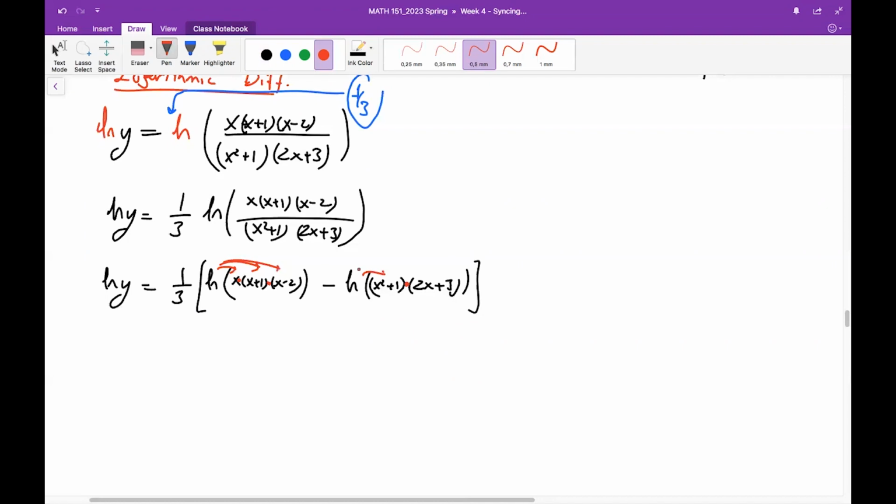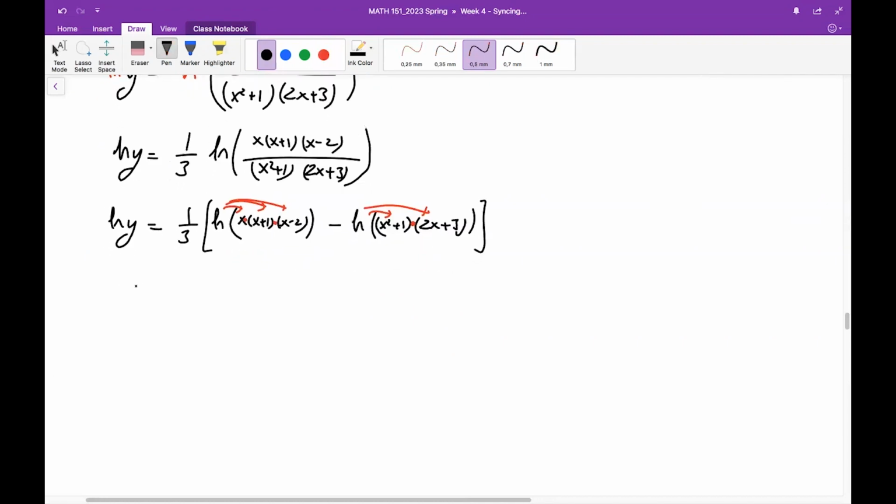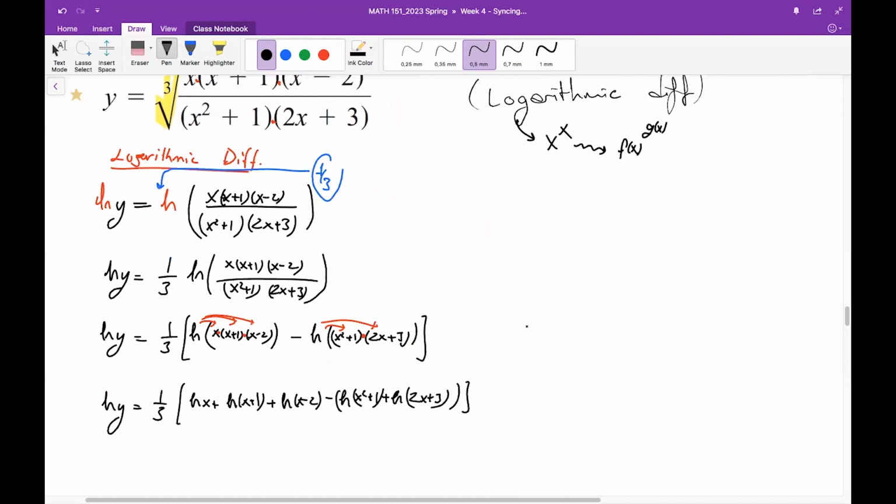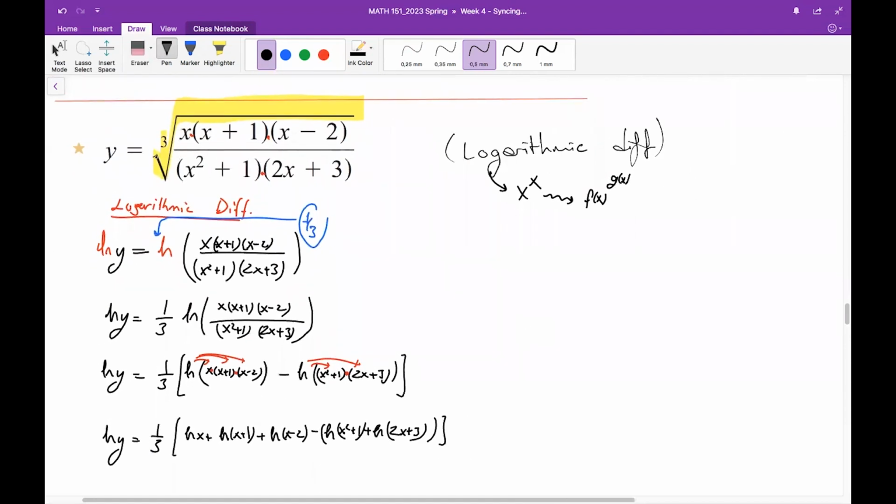So let's write them as sums. ln y is 1/3 times ln(x plus 1) plus ln(x minus 2) minus ln(x squared plus 1) minus ln(2x plus 3). You see, this very complicated form turns out to be like this one when we start by applying ln to both sides.